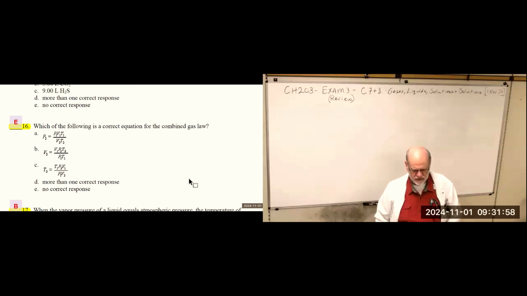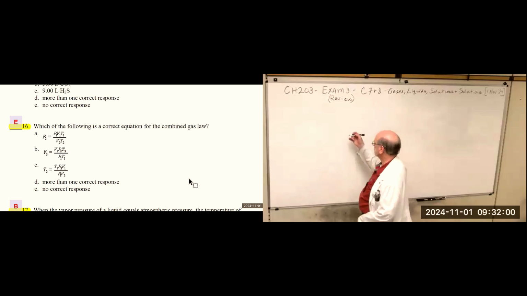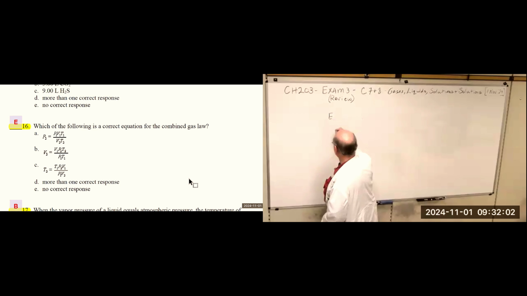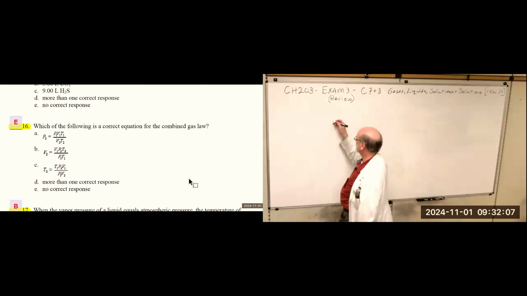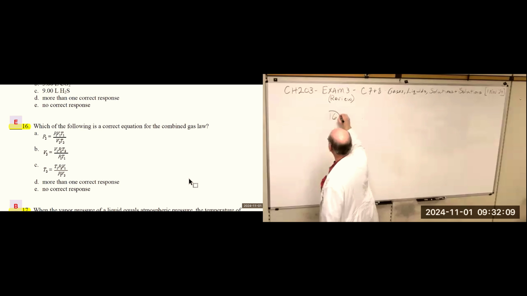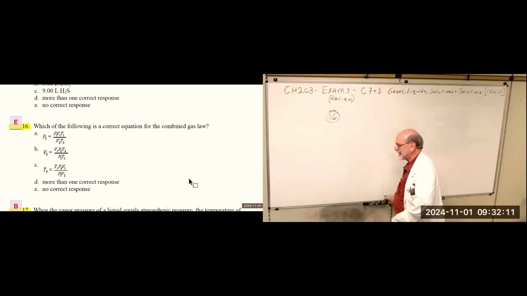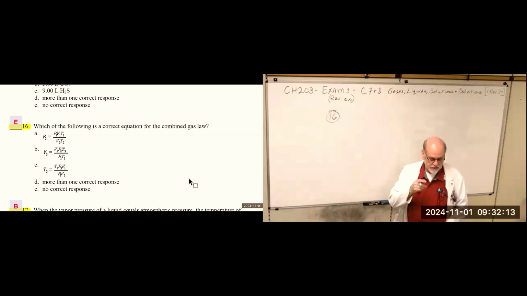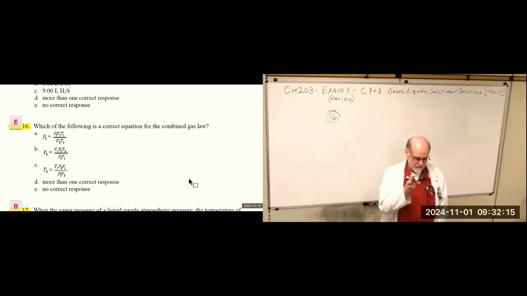Okay, which of the following is the correct equation for the combined gas law? Okay, 16. Combined gas law. Right, notice that the authors prepared this question and it doesn't include moles.